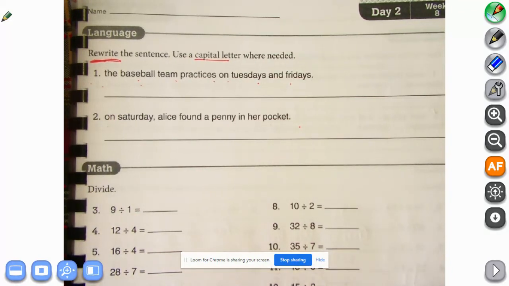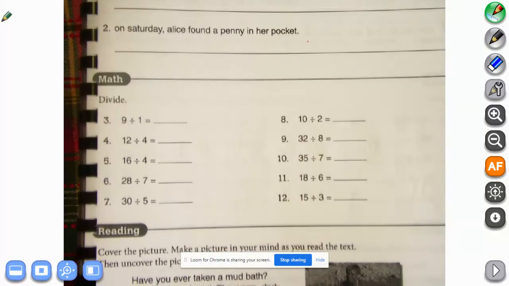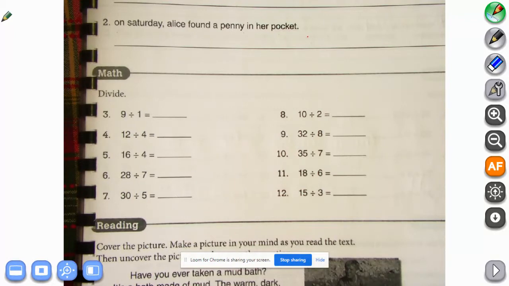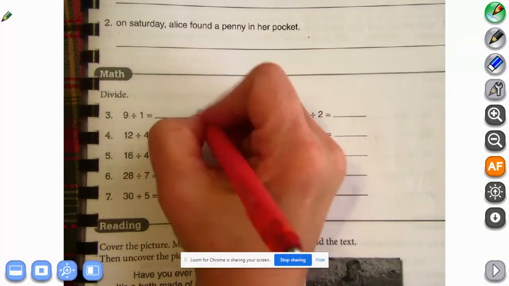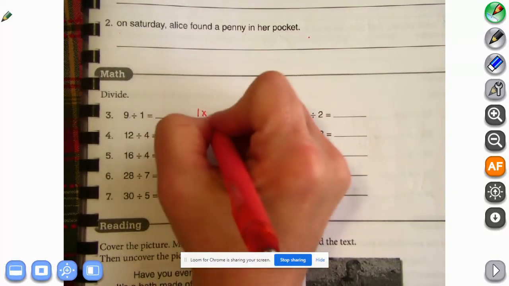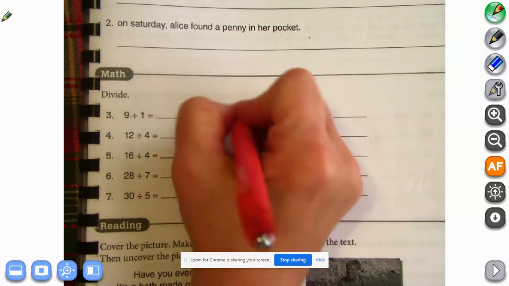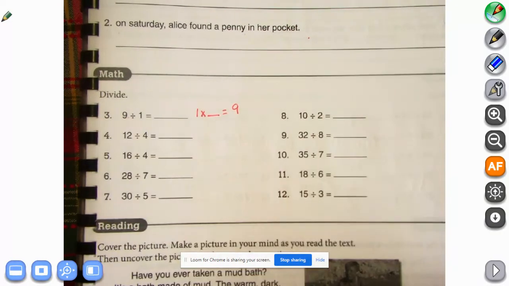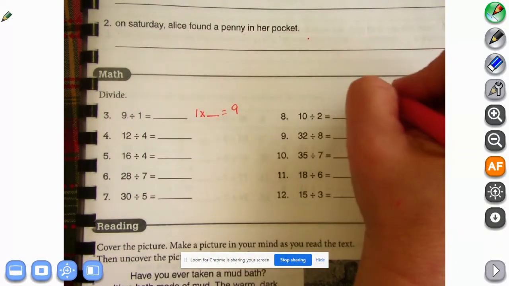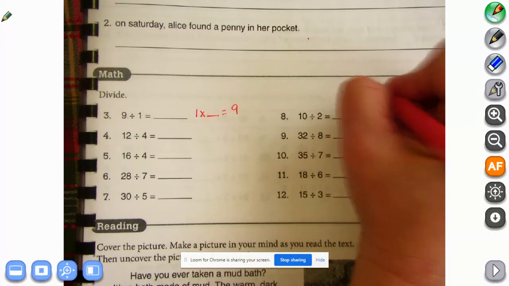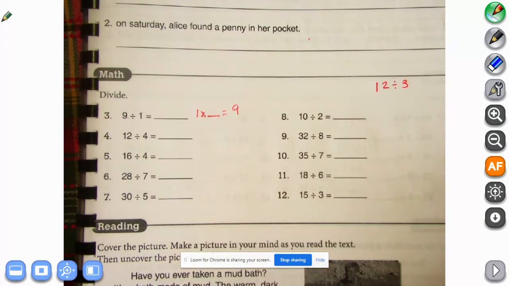All right? In math, we're going to divide. So if it helps you to write the multiplication problem next to it, then do that and help yourself solve, okay? Draw pictures. If you need to draw pictures for, say, let's pretend I have 12 divided by 3, okay?